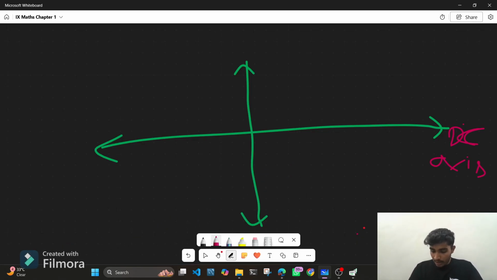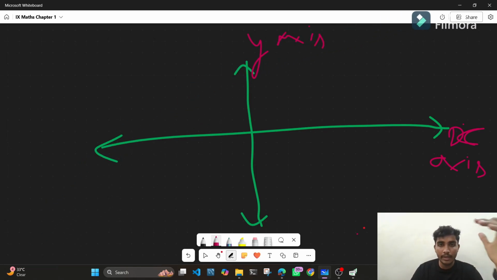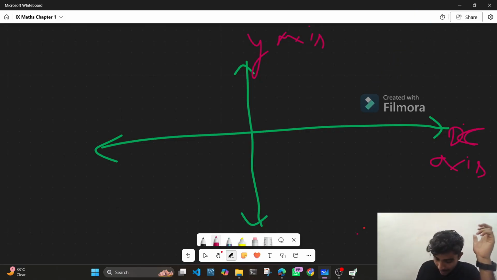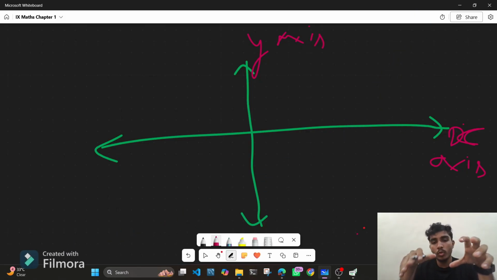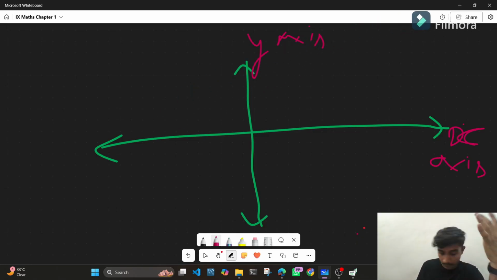The horizontal line is called the x-axis, and the vertical line is called the y-axis. When we get both the lines at right angle to each other, we get a 2D space, that is a 2D coordinate system.